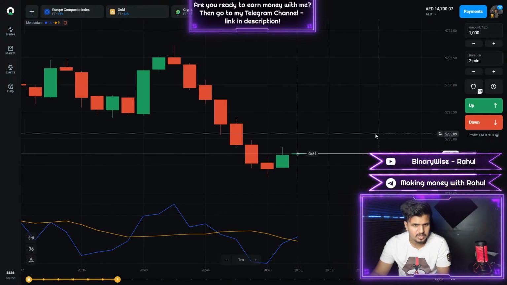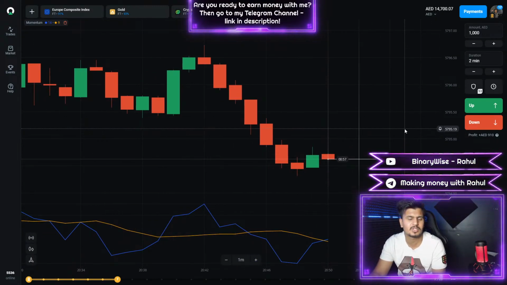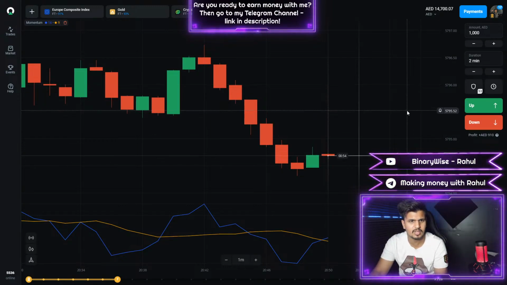Well, this is not a hammer structure, but it also turned back to the upside. So now it can turn back to the downside. We can make an investment here, one upward trade now.